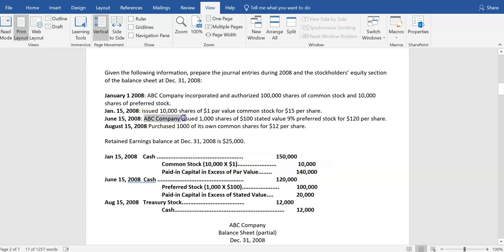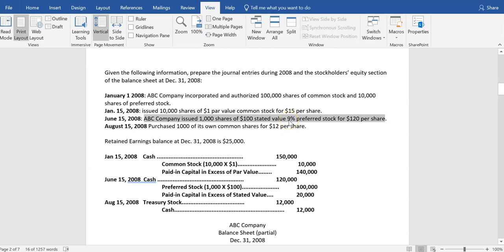ABC Company on June 15th issued 1,000 shares of $100 stated value, 9% preferred stock for $120 per share. Some of this information we don't need right now, but let's just talk about it since we're here. Preferred stock will not only have a stated value or a par value, but it will also have what's called a stated dividend rate.